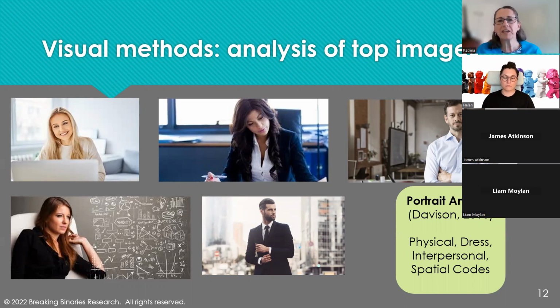One of the interesting dynamics or highlights of this analysis was the different way in which men and women were situated in the images. So, for example, and you can get a sense of this by looking at the two male images, they tended to be apart from the work that was being performed.